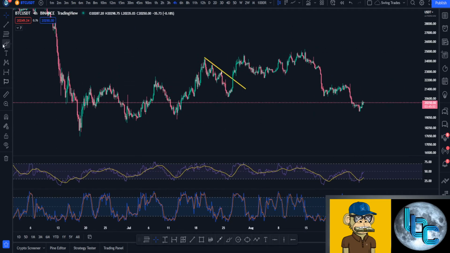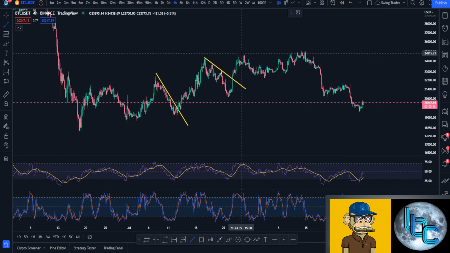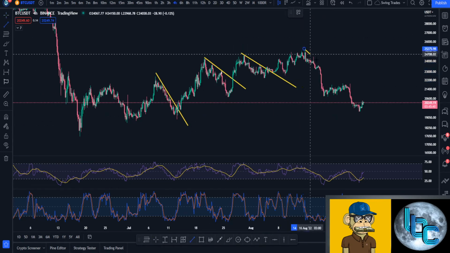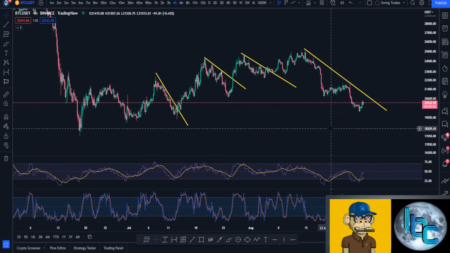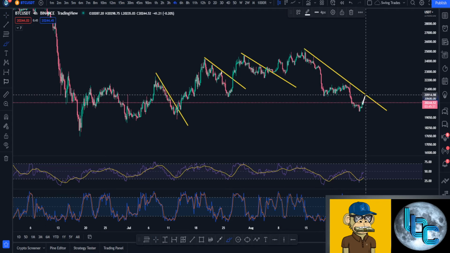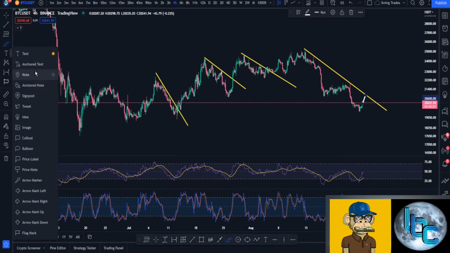But yeah, before I started recording this video, I was already mapping this whole thing out. Sorry to jump around, but I just need to move on to the next thing. You can just see how this thing keeps on playing with these trend lines. So what I'm thinking is that maybe Bitcoin sees another move up, which just so happens to be right here.